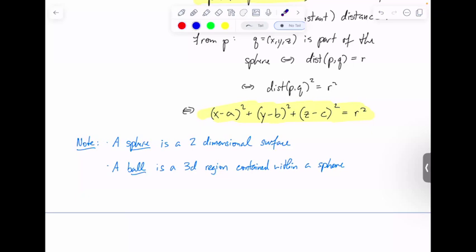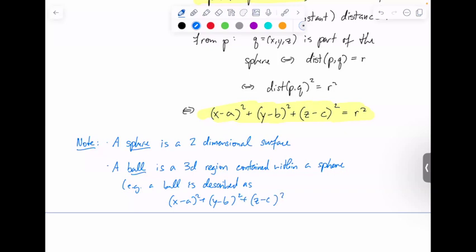And here you could also write this as, e.g., a ball is described as (x minus a) squared plus (y minus b) squared plus (z minus c) squared is less than or equal to r squared. Sometimes, depending on the specifics of the situation, I might want this to be a strict inequality, or sometimes I would also allow it to contain the sphere itself. It just depends. But these are all balls.